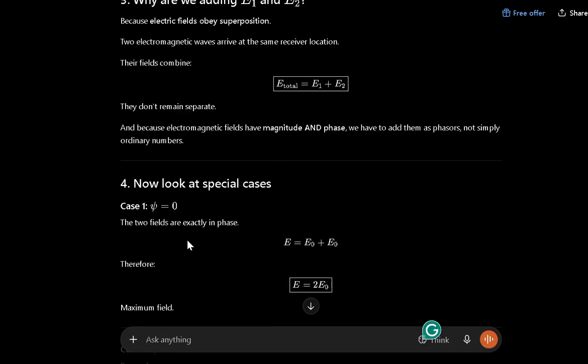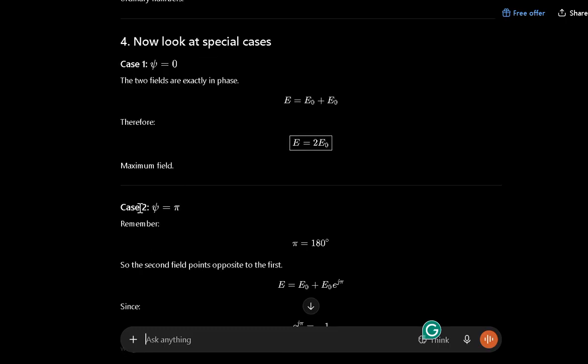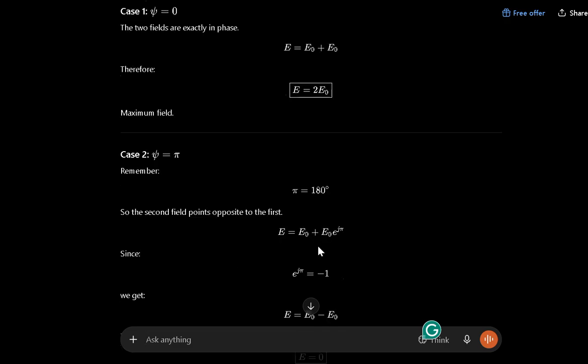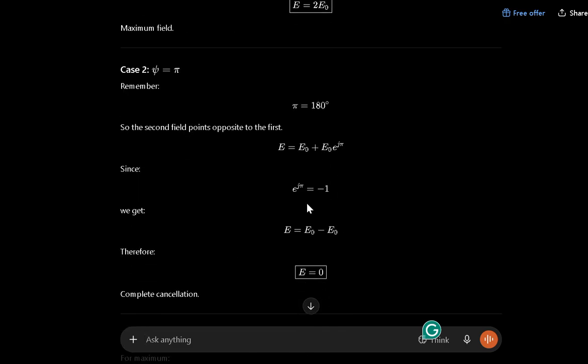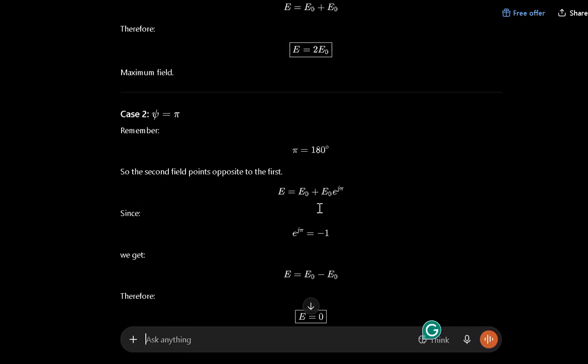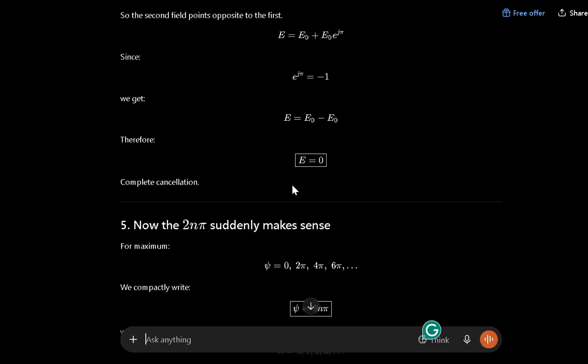Now look at the special case, E0 plus E0 equals 2 E0. Therefore, the phase difference is 0. If the phase difference is pi, remember pi is 180 degrees, e^(j pi) is minus 1. So it is E0 minus E0, which is 0, complete cancellation.